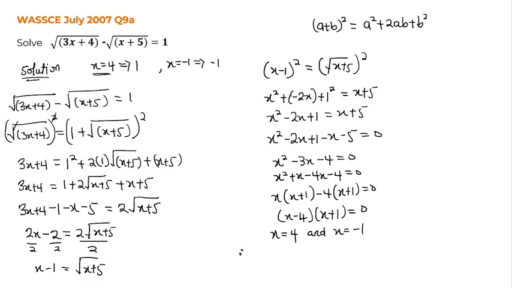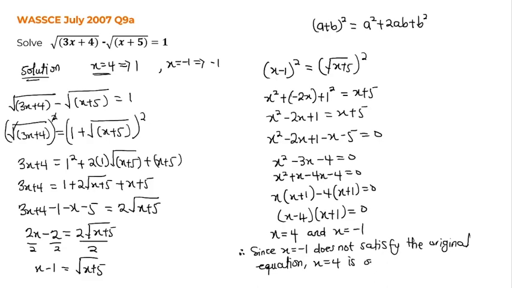We now have to conclude that since s is equal to -1 does not satisfy the original equation, s is equal to 4 is our answer for this particular equation. So this is the solution to the problem that came during WASSCE July 2007 for question number 9a.